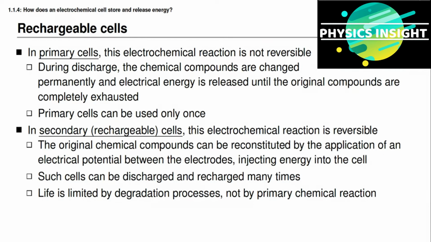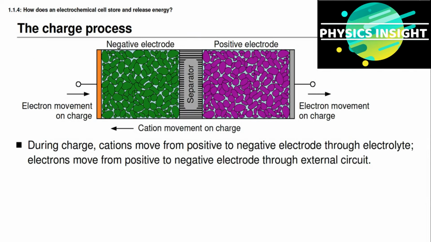The other unintended chemical reactions can be parasitic in nature and cause materials in the battery to degrade, and there could also be mechanical processes causing stresses and strains that cause the materials in the battery to degrade. So the life of a secondary battery cell is not primarily determined by its main chemical reaction. Rather, the life is determined by how quickly these other degradation processes occur.